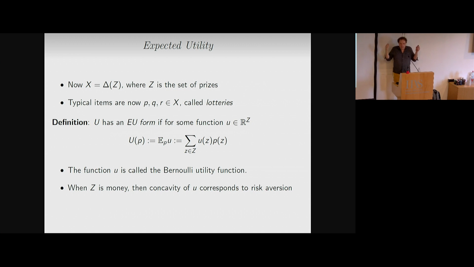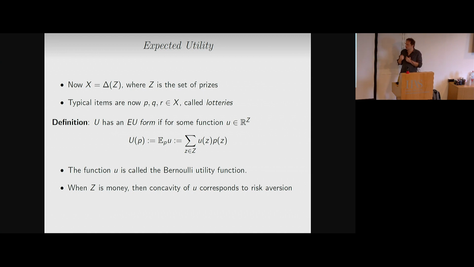And I will specify utility to have an expected utility form. So U of P is going to be the sum over Z of little u of Z times P of Z. P of Z is the probability that lottery P assigns to outcome Z. And u of Z is a new thing.